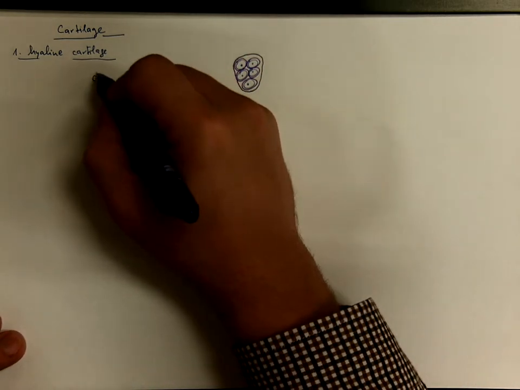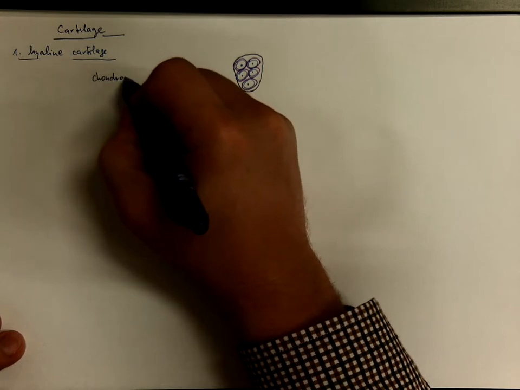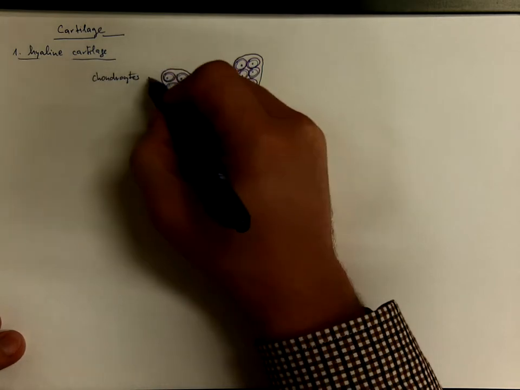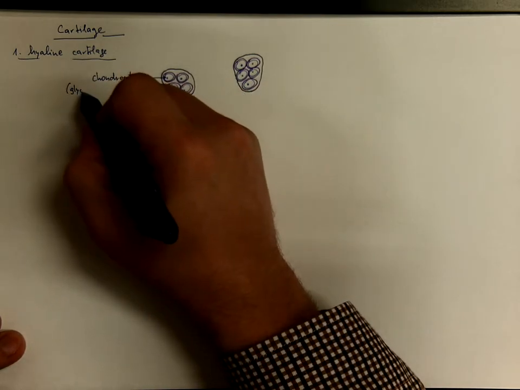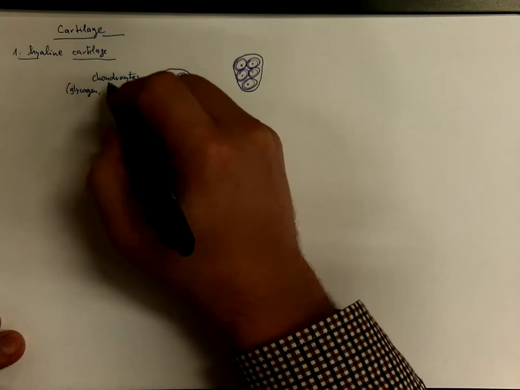So we got the chondrocytes, the cells of the cartilage. They contain glycogen and lipid droplets.